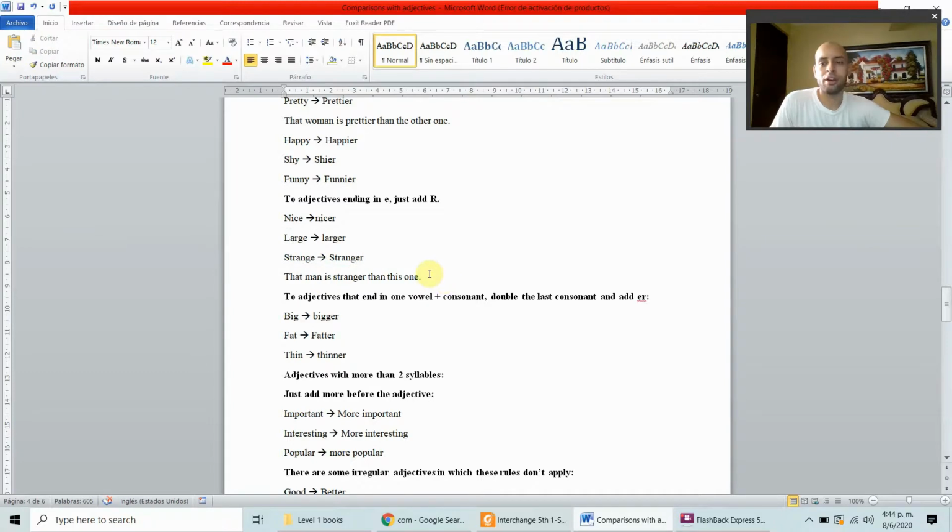A quick note here. Remember that in English, syllables are defined by the sound, by the pronunciation of the word. It doesn't matter if it looks like it has more syllables. It's not like in Spanish, where syllables are defined by the written form. In English, it's defined by the sound.